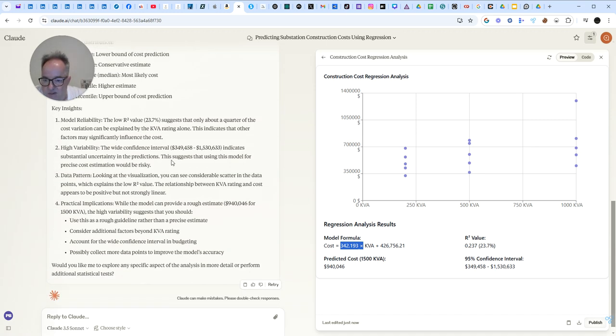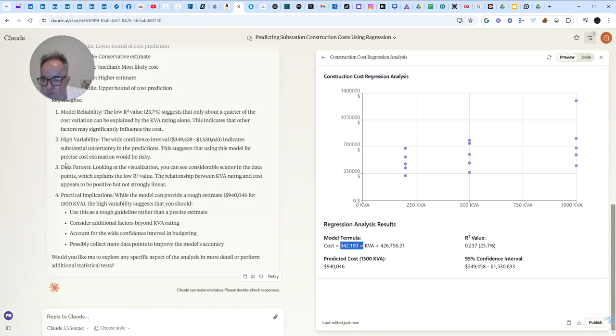So yeah, this is not a particularly good result, but it's good from the perspective that AI has literally within seconds confirmed that this data is not very good for our ability to predict. So that saved us a lot of time. Imagine if we were doing this, looking at all the data and calculating all this ourselves and trying to come to that conclusion. We've come to that conclusion in seconds, and we've saved ourselves a lot of time in the process.